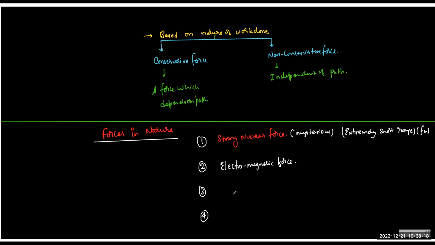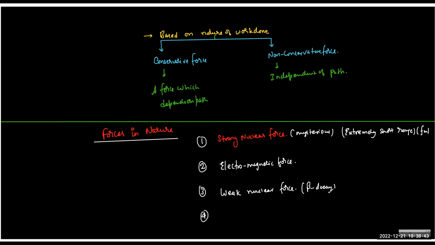The third is called weak nuclear force. This force is responsible for various nuclear decay processes. It plays a big role in beta decay.